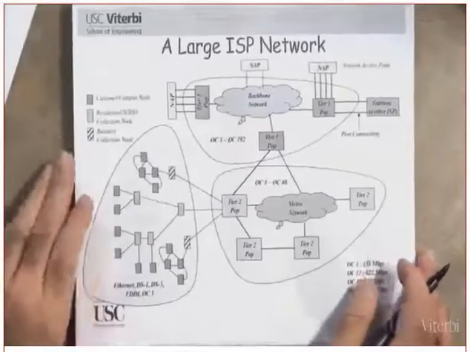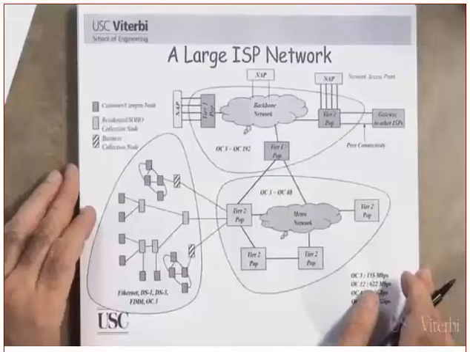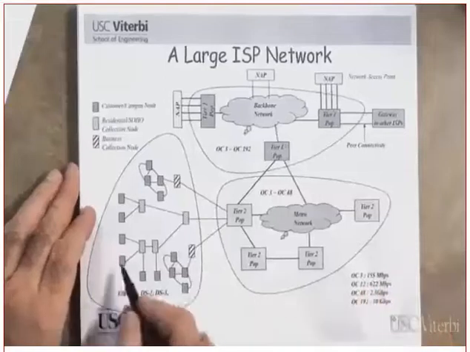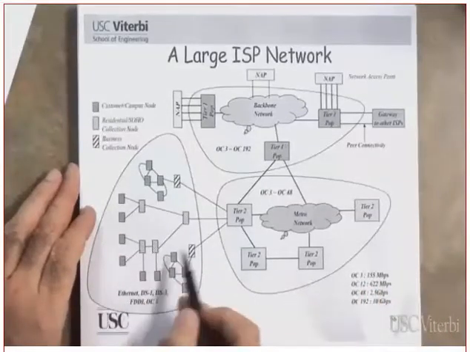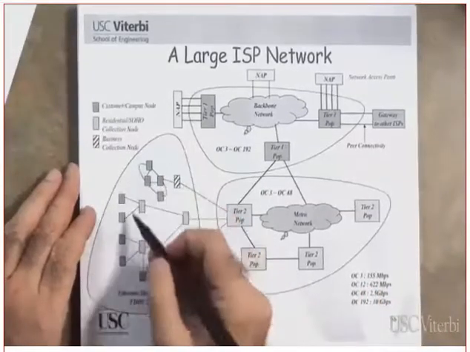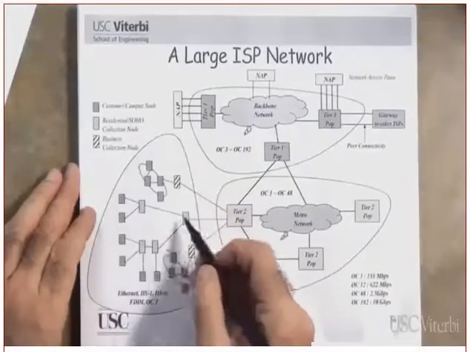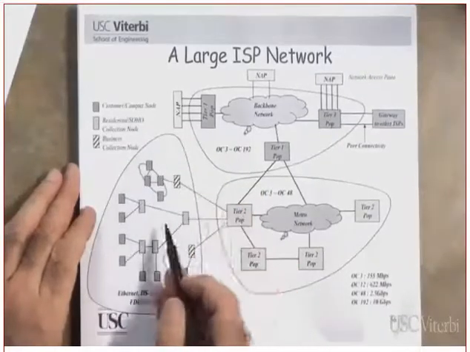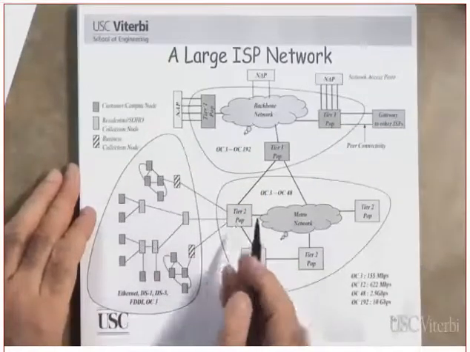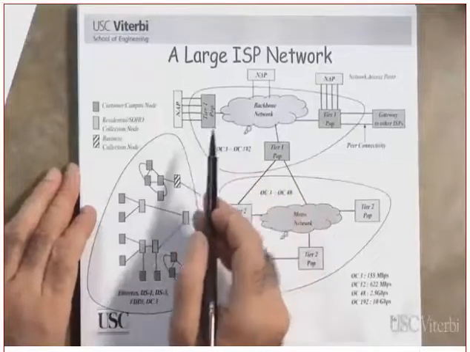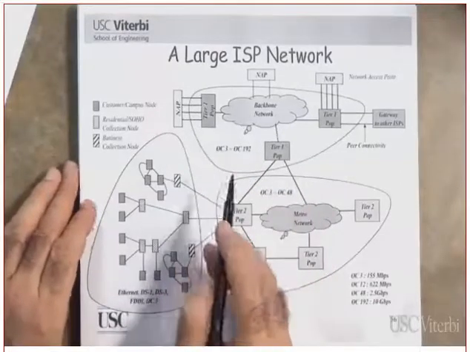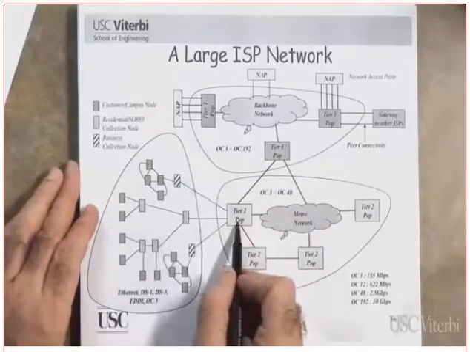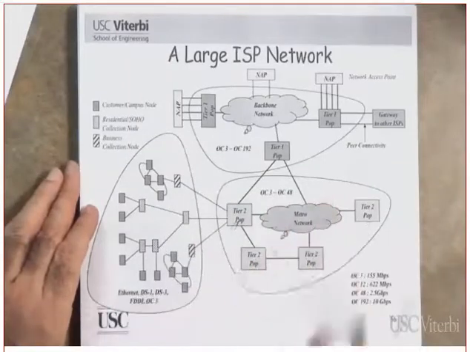This is an example of a large ISP network, Internet Service Provider. These are all customers connected to ADSL. They carry the traffic and give it to the POP. Remember from last time, we divided the internet into what is known as tiers: Tier 1, Tier 2, Tier 3, and so on.